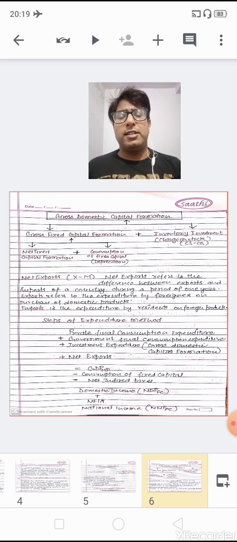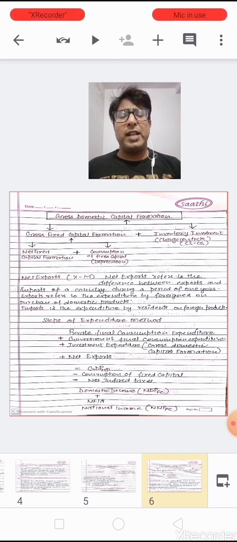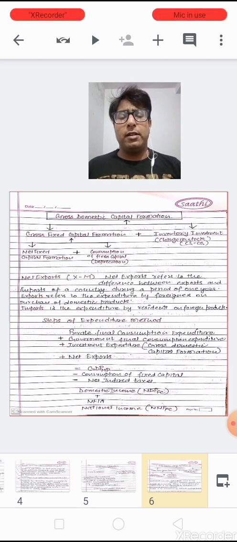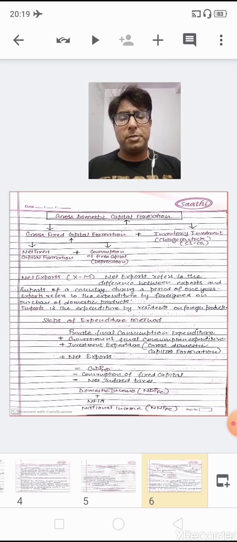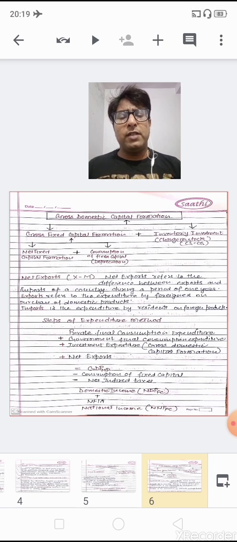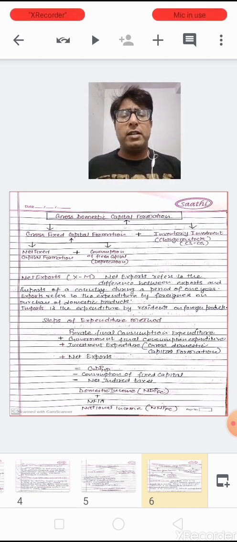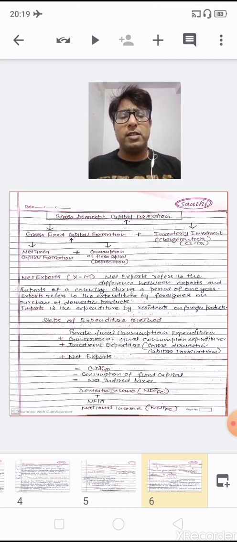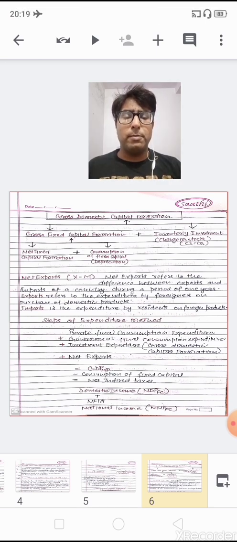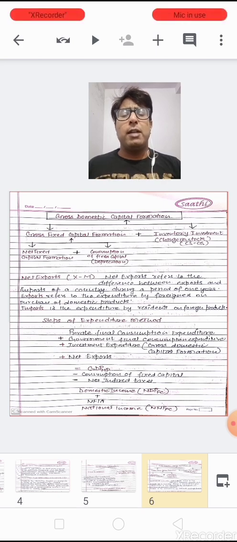The first step says we have to add all the expenditure of all the different sectors: private final consumption expenditure, thereafter government final consumption expenditure, thereafter investment expenditure, which we call gross domestic capital formation, plus net exports.